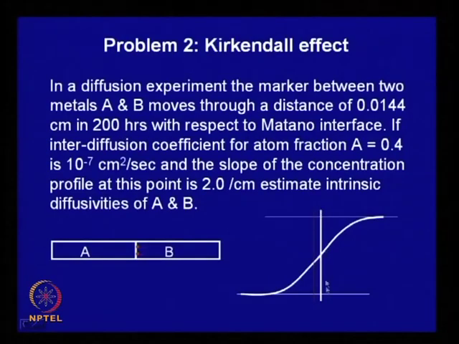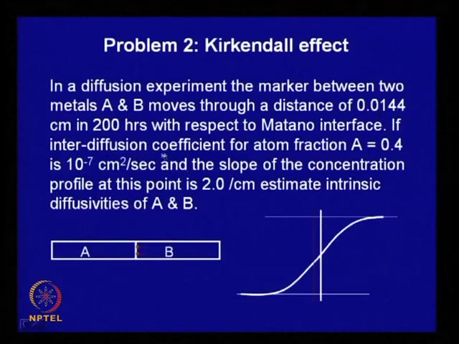So, here this is the Matano interface, this is the concentration profile, this area and this area are equal, and this is the position of the marker. So, now this distance in 200 hours is of this magnitude.